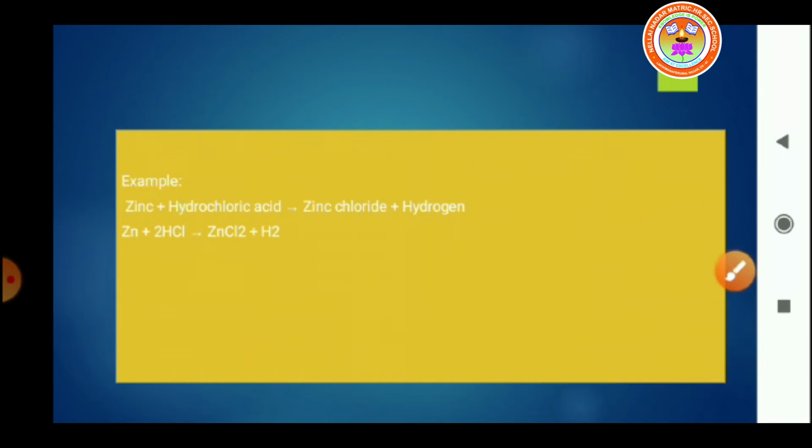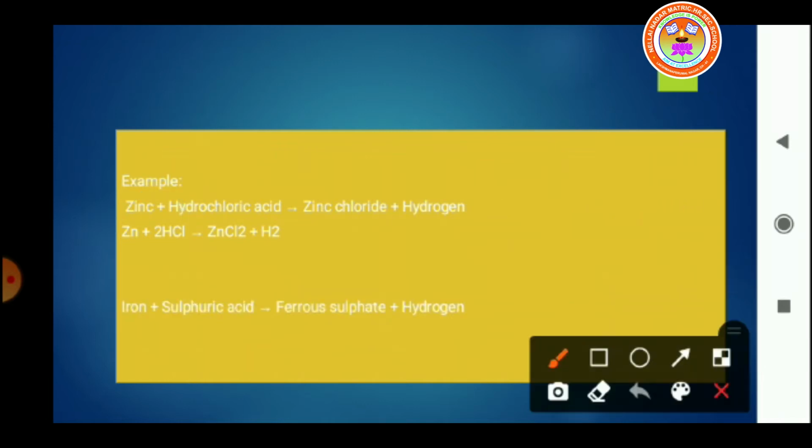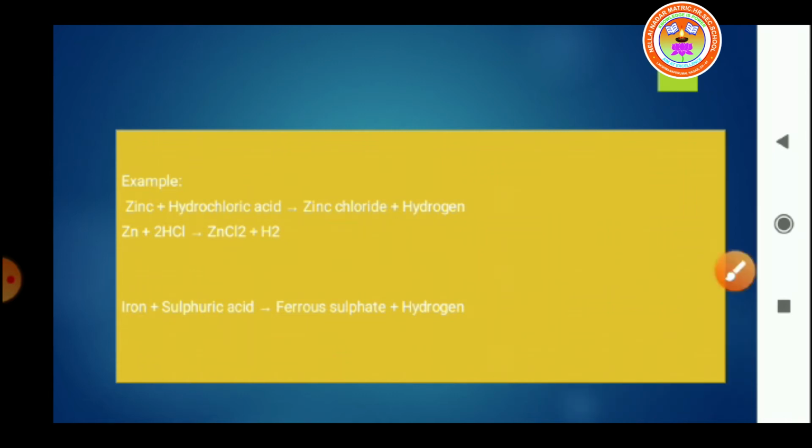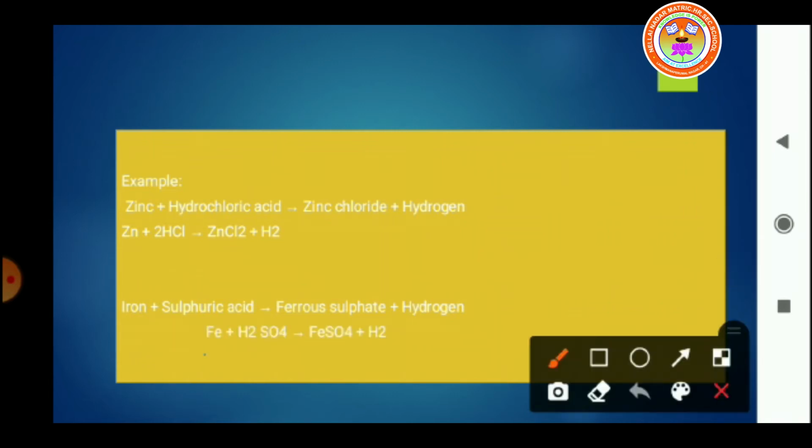Shall I explain one more example? See here, iron reacts with sulfuric acid to form ferrous sulfate plus hydrogen. What is the formula for iron? That is Fe, reacting with sulfuric acid. What is the formula for sulfuric acid? H2SO4, to form ferrous sulfate. What is ferrous?